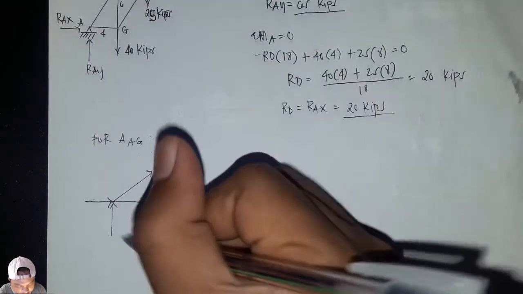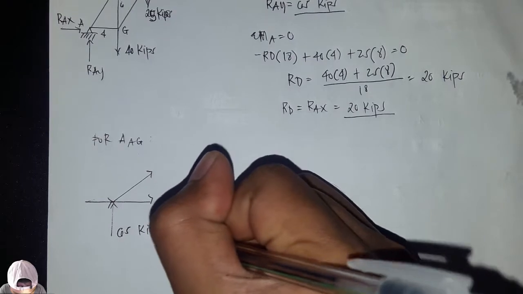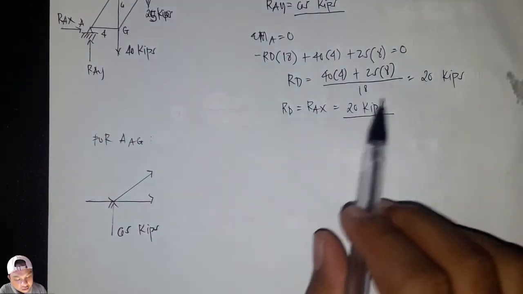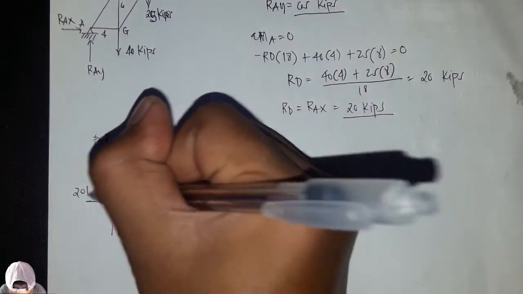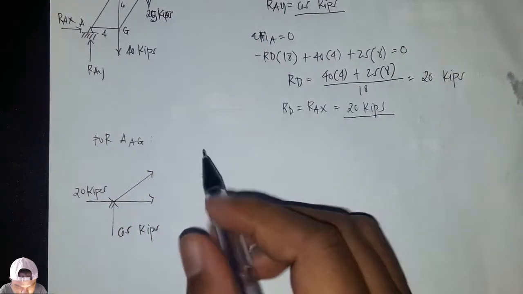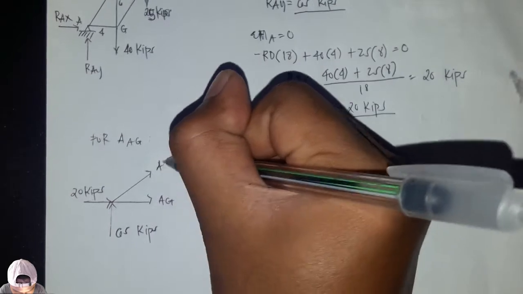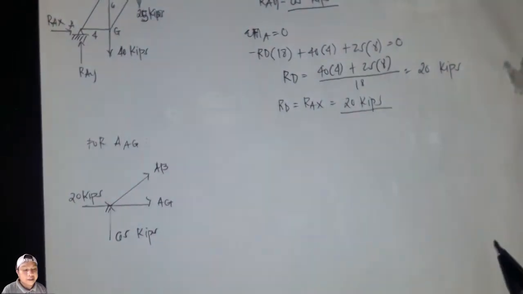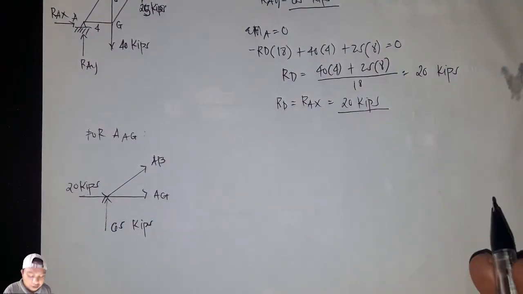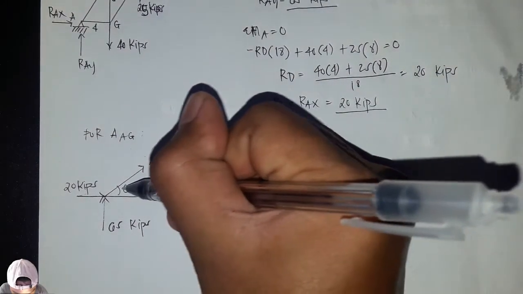RAY of 65 kips. Meron akong 20 kips na RAX. And ito yung AG natin, AG and AB. Syempre may angle tayo dito.